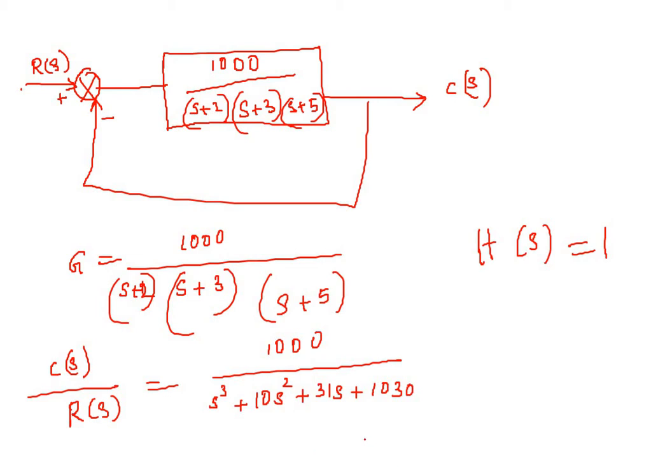So the denominator is S cube plus 10S square plus 31S plus 1030, that is equal to 0. This is the characteristic equation of the given system. When we have the characteristic equation, we can assess the stability using Routh-Hurwitz stability criterion.